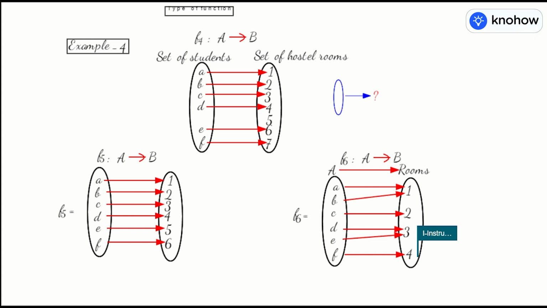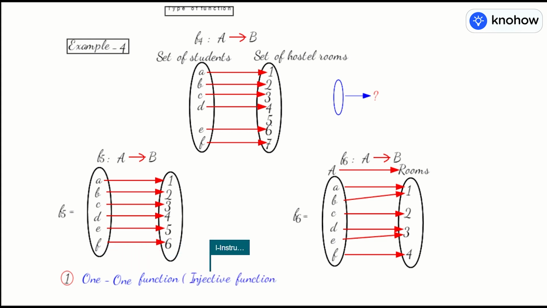Let me start with one-one function. The first type of function I am discussing with you is the one-one function, or we may also call it an injective function. What is an injective function? If I define it in terms of the example I have been discussing with you, it is single-seated rooms.